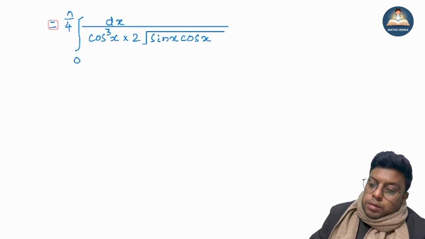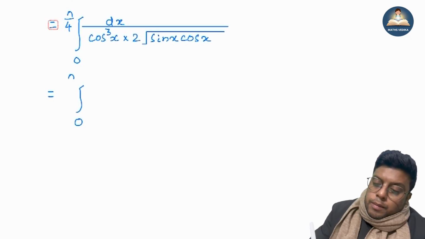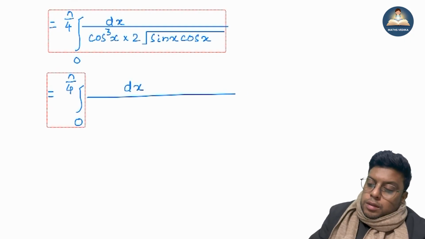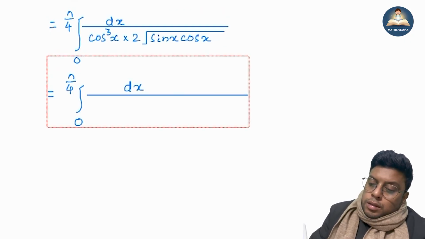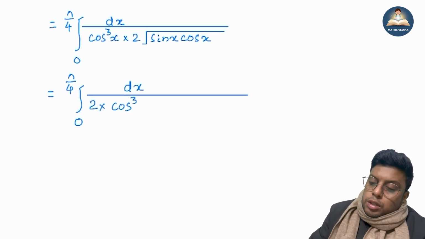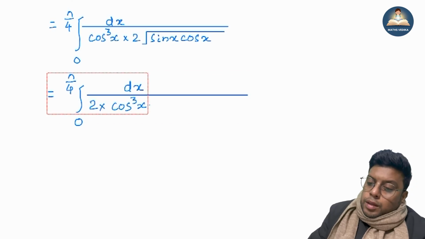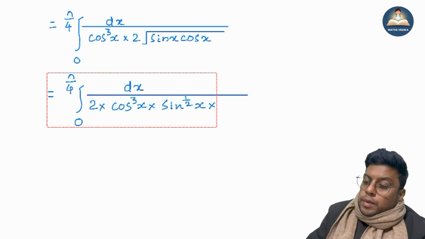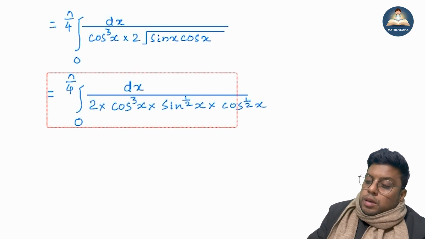Now this is equal to integration from 0 to pi by 4, dx by 2 into cos cube x into sine to the power half x, and under root cos x can be written as cos to the power half x.